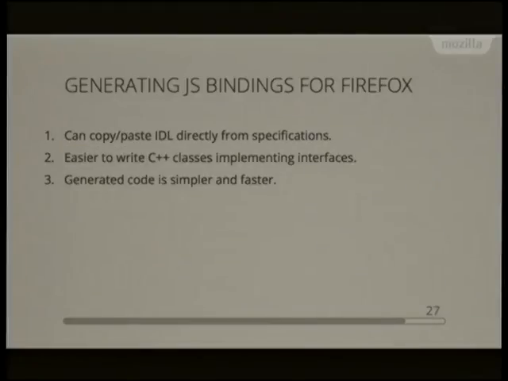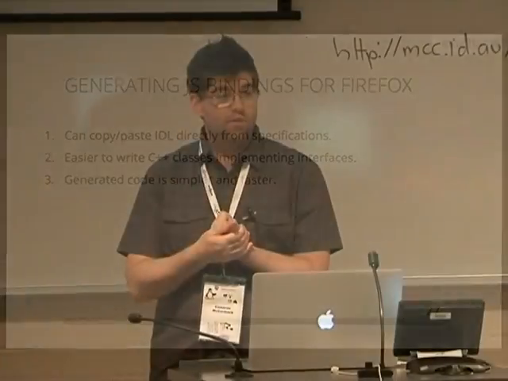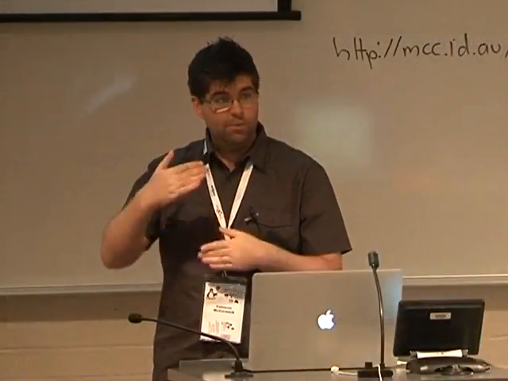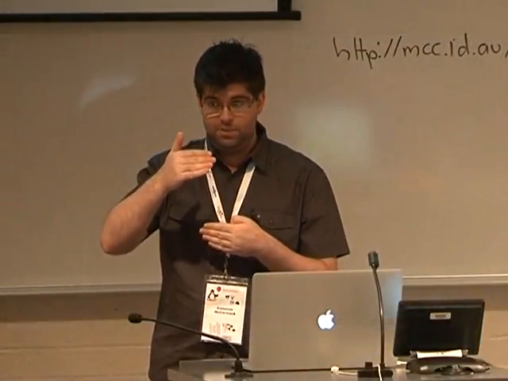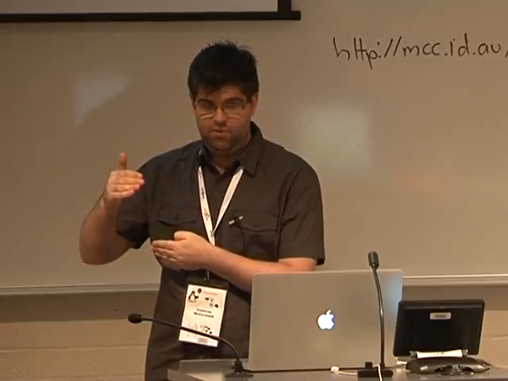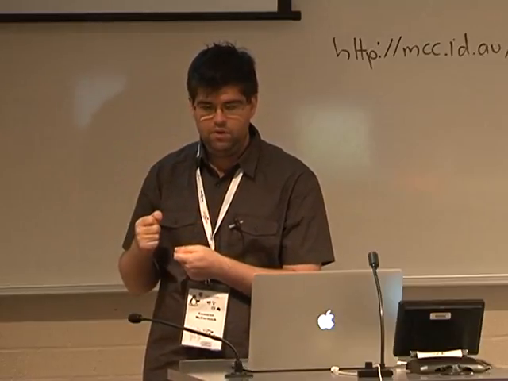Okay, so in terms of implementation, in Firefox we have been recently converting our underlying bindings from JavaScript to C++ to use WebIDL directly. So previously we had some other IDL variant language. And really that means that firstly it's easier for developers because they can just copy and paste IDL fragments from the specification and just paste them into a file and it'll generate the right bindings for us.